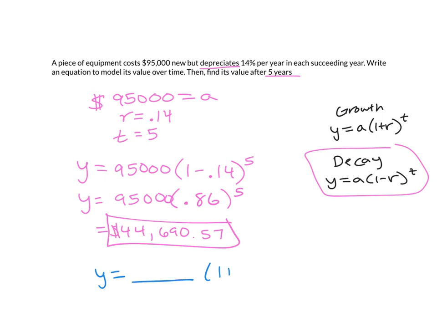Then my growth rate, I'm growing at 2%, so that'd be 0.02 over time. And so that would give me a base of 1.02, which is more than 1. That's how I know it's growth. And what that's saying is that it's worth 100% of what it was worth before, plus an additional 2%. So each year you're gaining 2% on what you had before. That's why we're adding it to the 1. Okay, good luck. Study hard.